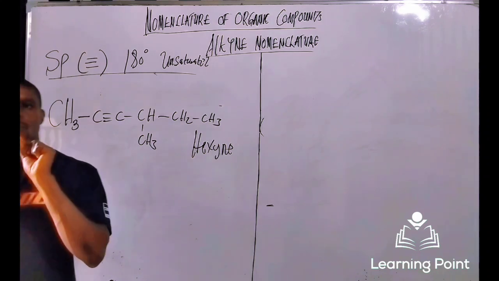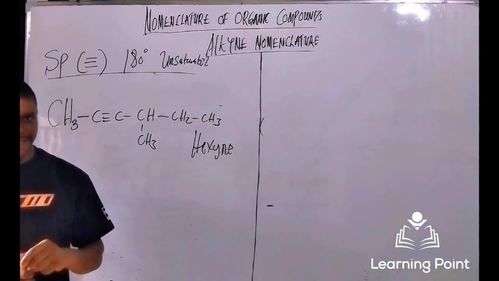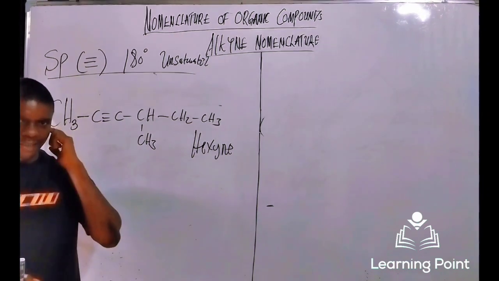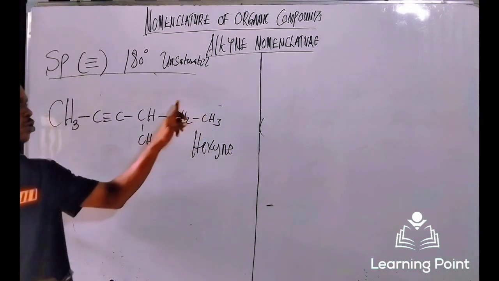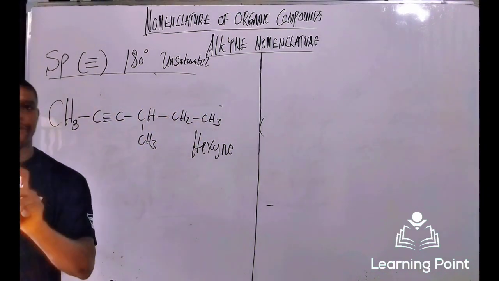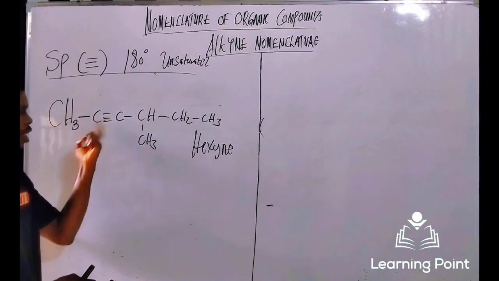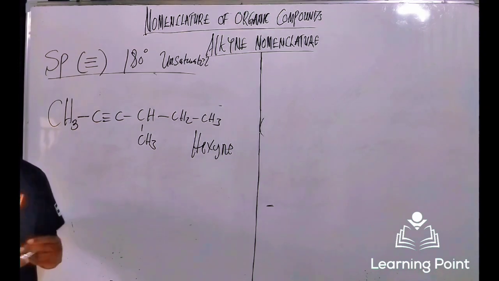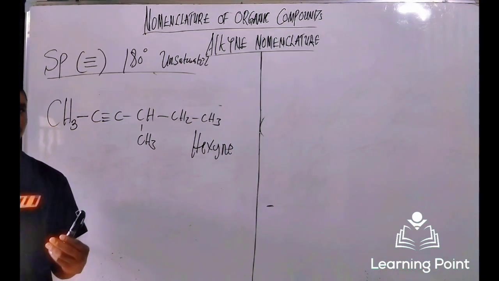Now, how will I number it? I must number it in such a way that the triple bond has the lowest possible number, right? So if I start from here, 1, 2, 3, 4, the triple bond is at carbon number 4. When I start from here, 1, 2, the triple bond is at carbon number 2, right?